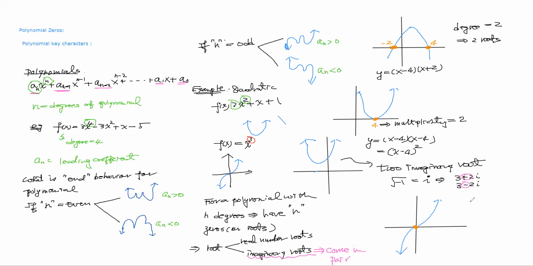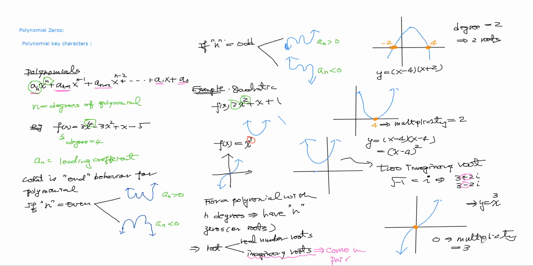So you can write this as y is equal to x cubed. The 0 is the root, but with multiplicity 3. It's a difficult word to pronounce, right? So the multiplicity is 3. That means this root happens 3 times.